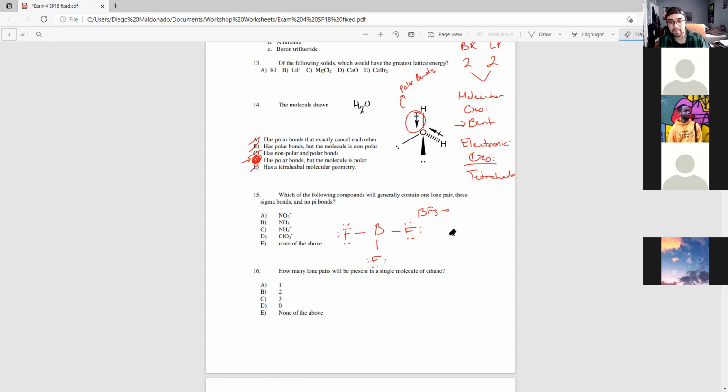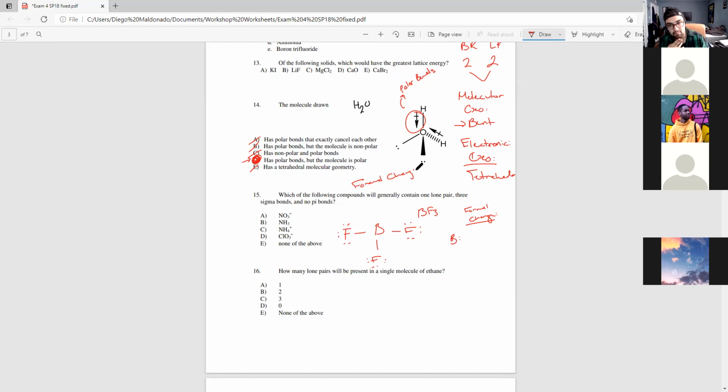Or do you guys want me to go over formal charge with you guys? Could you go over formal charge as well? Yeah, can you go over it? Formal charge. So what's the equation for formal charge, by the way?